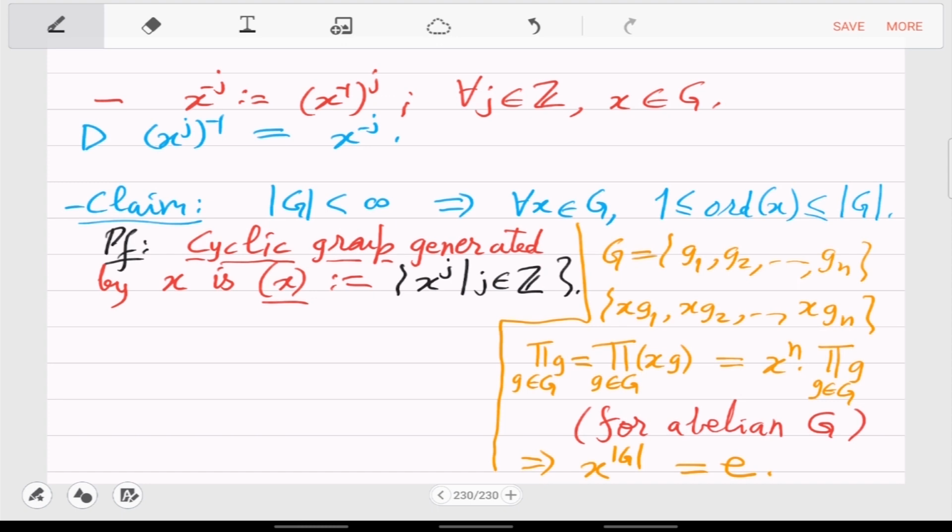Yes, so that is true. So now you do basically pigeonhole on this set. By definition, it's an infinite set, but since everything here lives in the set G, which is a finite set, clearly two elements here have to be equal.